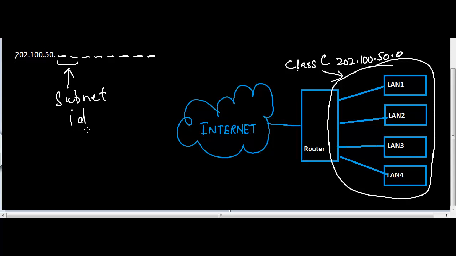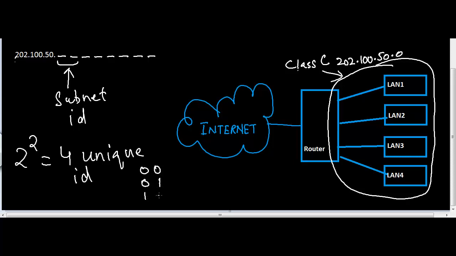We are only going to be using 2 bits because with 2 bits we can have 4 unique IDs, right? 2 raised to power 2 is equal to 4, and we can have 00, 01, 10 and 11. So these are the 4 unique subnet IDs that we can have with 2 bits, and because we only need 4 subnets, we can use the first 2 bits to represent our subnet.